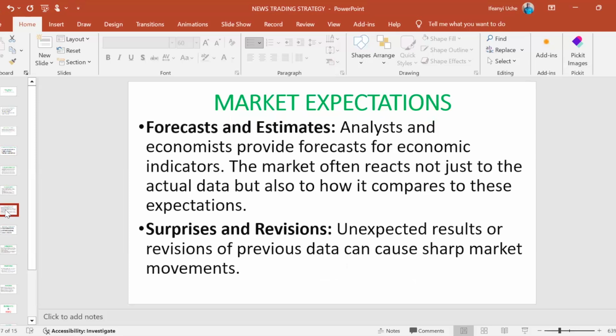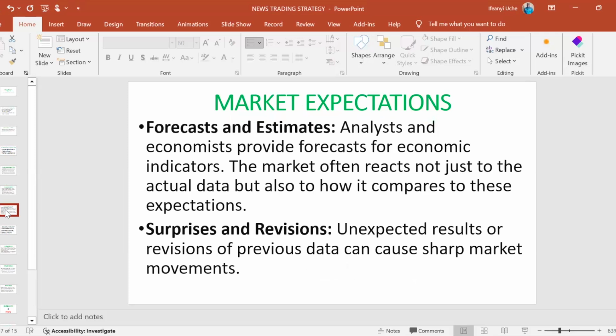Then market expectations: you have forecasts and estimates, which is when you want to check economic calendars. Analysts and economists provide forecasts for economic indicators, and then the market will react not just to the actual data, but also to how it compares to these expectations. We're going to look at that shortly in one of the calendars. Then you have surprises and revisions. I'm going to show you this too.